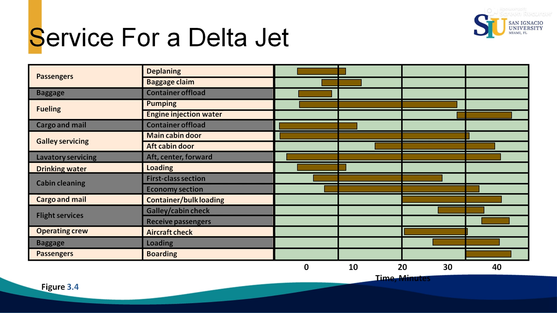Then you have to load all the new luggage for the new passengers, receive the passengers, load the baggage, and then board the passengers. The duration of these activities, in this case minutes, can be from several minutes to longer, and some activities cannot start until other activities have been completed.